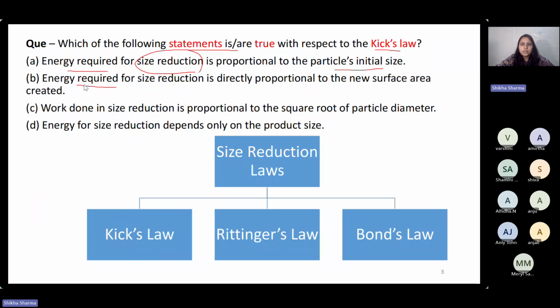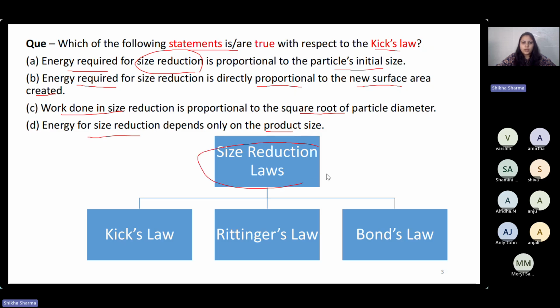Second: energy required for size reduction is directly proportional to the new surface area created. Option C: work done in size reduction is proportional to the square root of the particle diameter. Then D: energy for size reduction depends only on the product size.